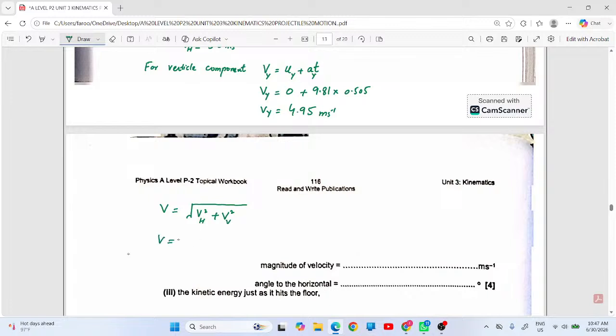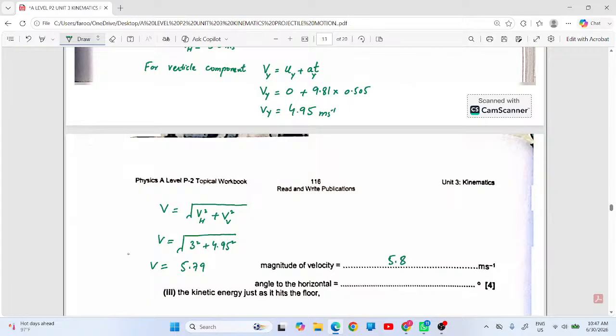Now putting the values, 2.97 square plus 4.95 square, that will equal 5.79, which is 5.8.